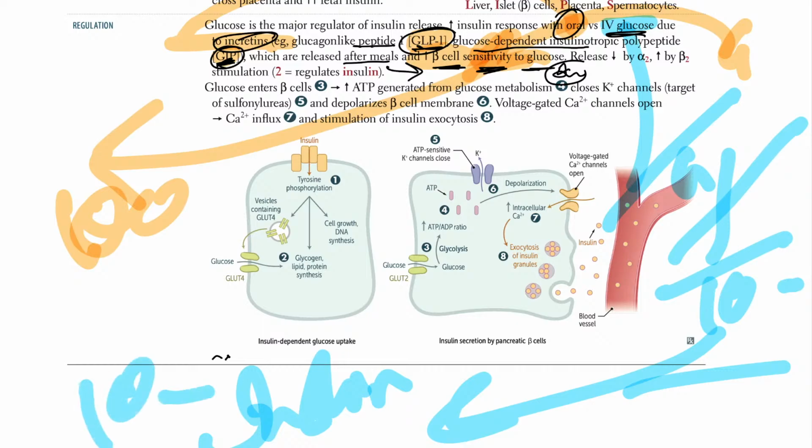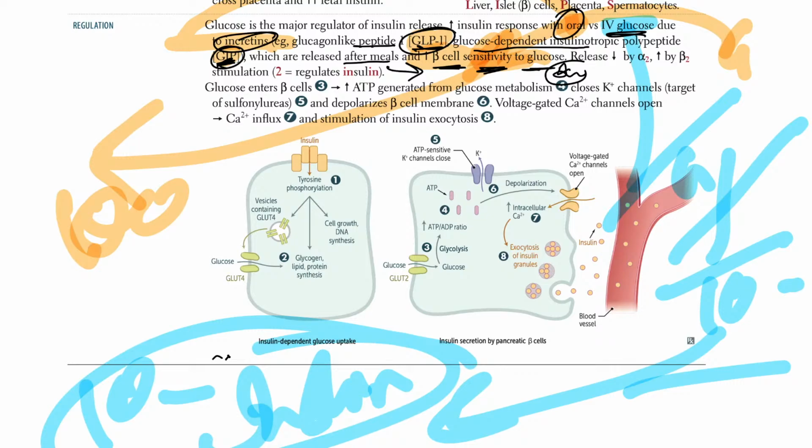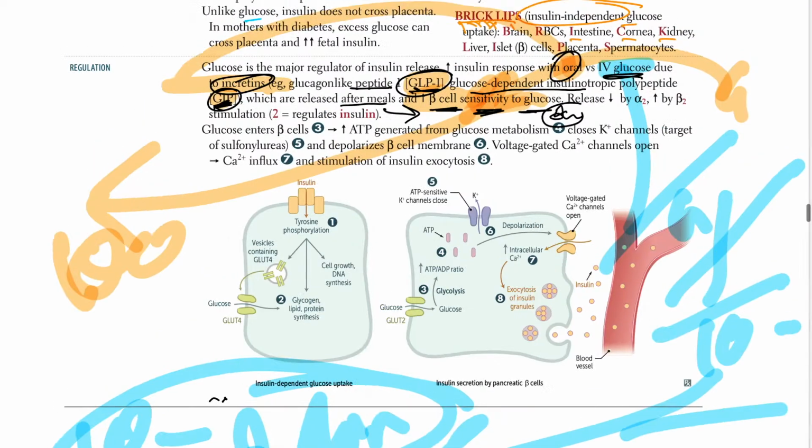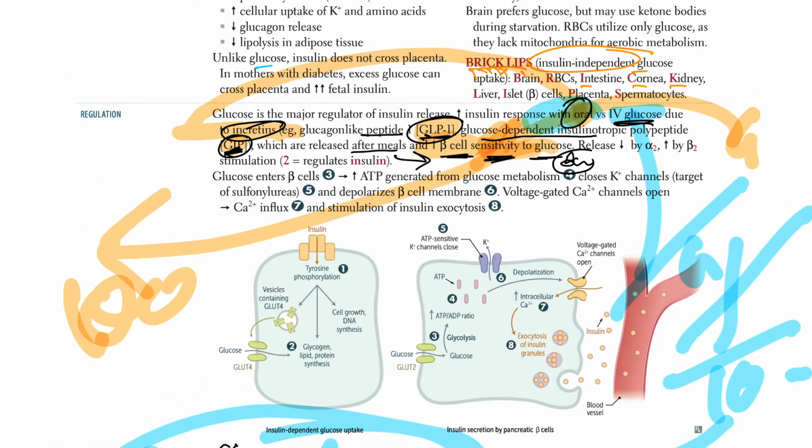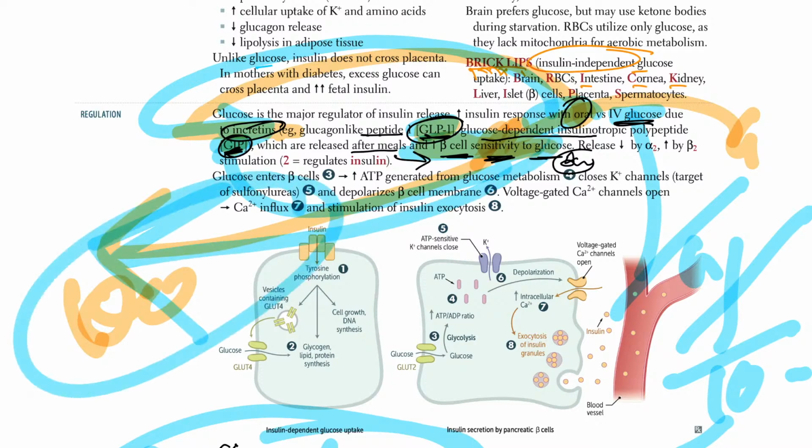This is not how it works, but IV glucose will not cause as much insulin to be released as oral glucose, because oral glucose stimulates incretins, GLP-1 and GIP, which increase the sensitivity of the beta cells to glucose. So even one molecule of glucose can secrete a lot of insulin. So, summary: increase in insulin response with oral versus IV glucose, period.